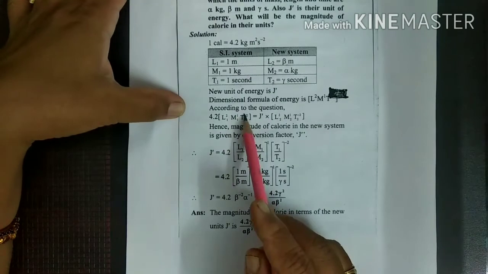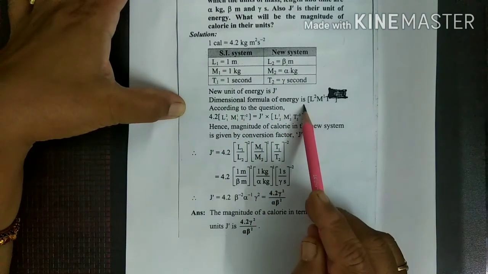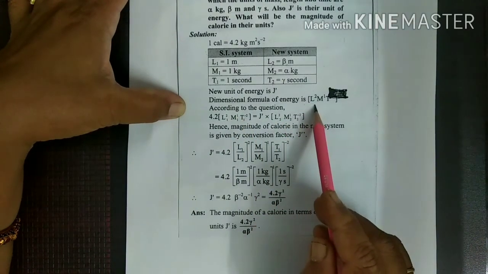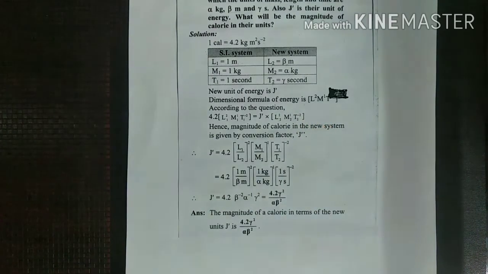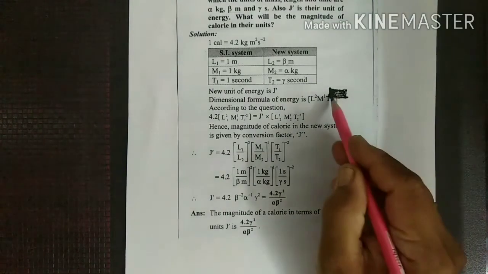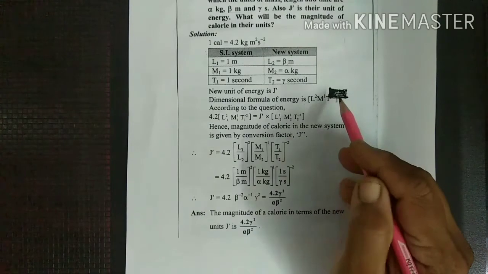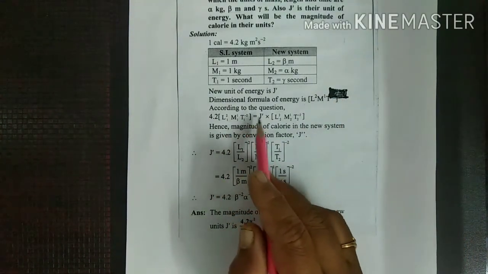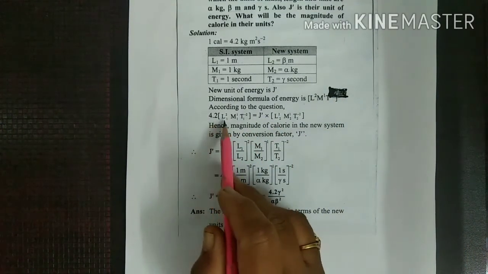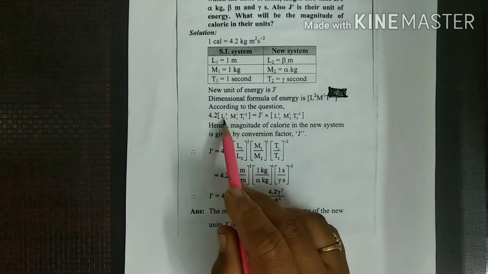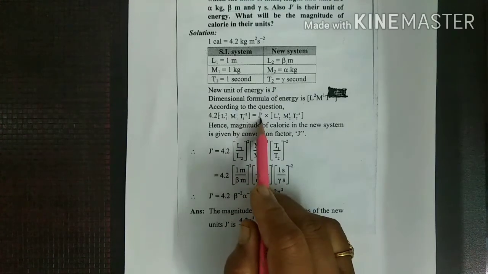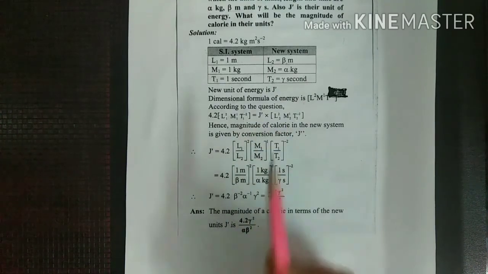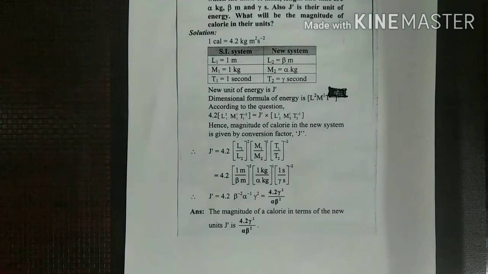Therefore, the dimensional formula of energy is L raised to the power 2, M raised to the power 1 and T raised to the power minus 2, right. According to the equation, 4.2 into this, again taking the dimensions of energy, is equal to J dash into, again taking the units of energy.